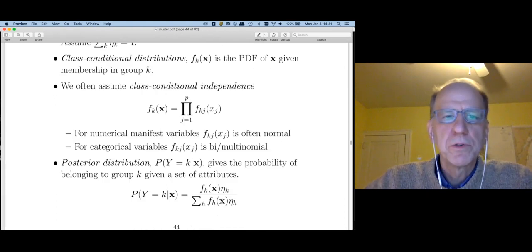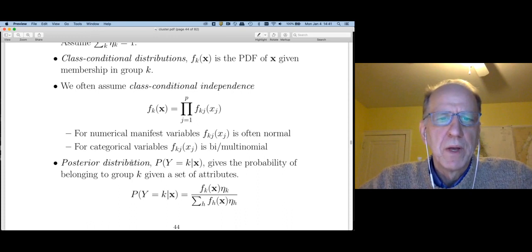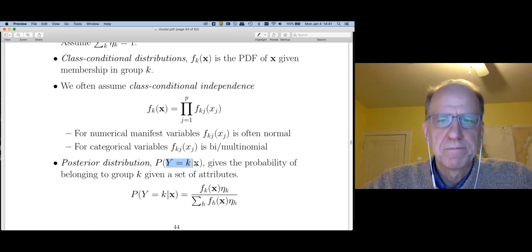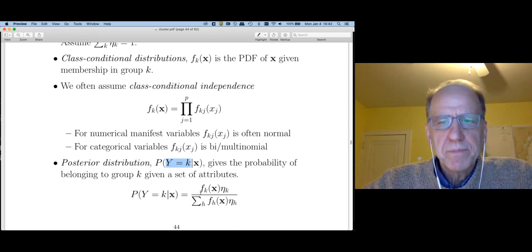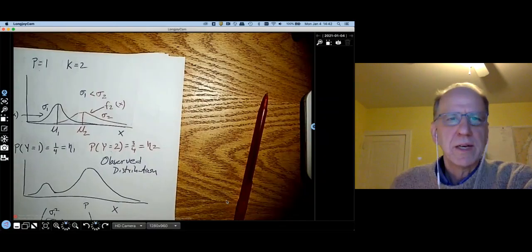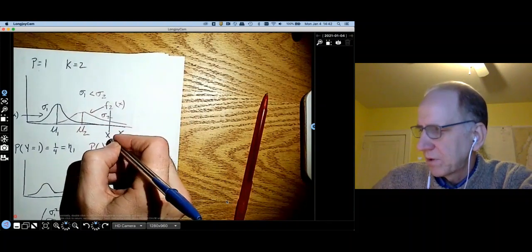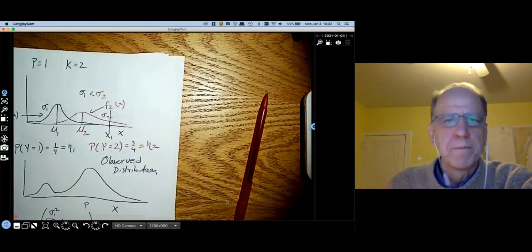The last distribution that we worry about is called the posterior distribution. The posterior distribution says, what is the probability of some y given the additional information x? Using Bayes' theorem, we can compute these posterior probabilities from our class-conditional and prior distributions. Let's take an example. Suppose that I had an x out here. Let's call this x1.